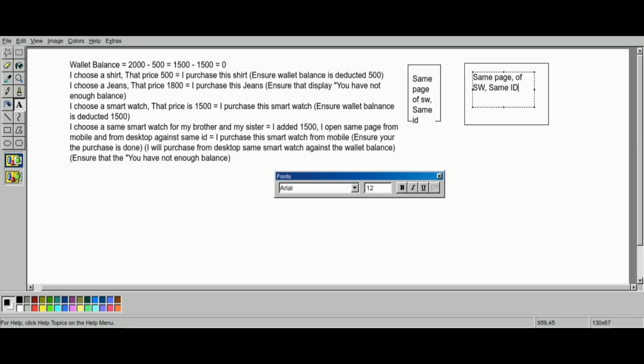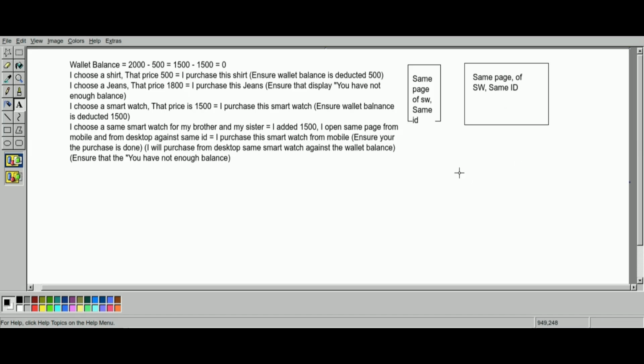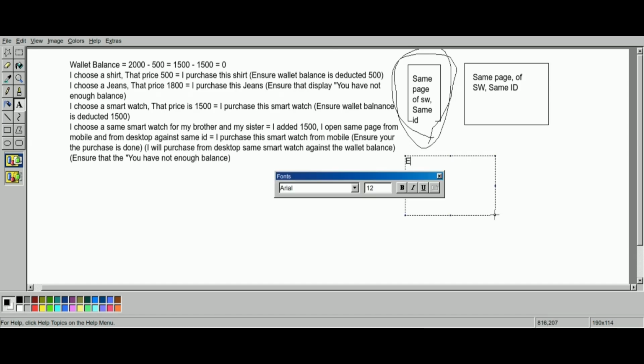Okay, and I purchase this smartwatch from mobile phone and my wallet balance, and after that I will ensure my purchase is done.